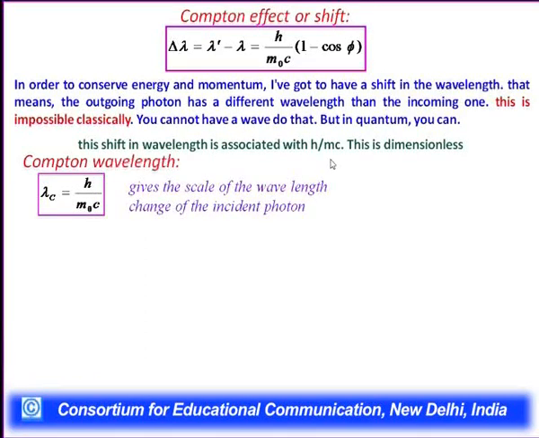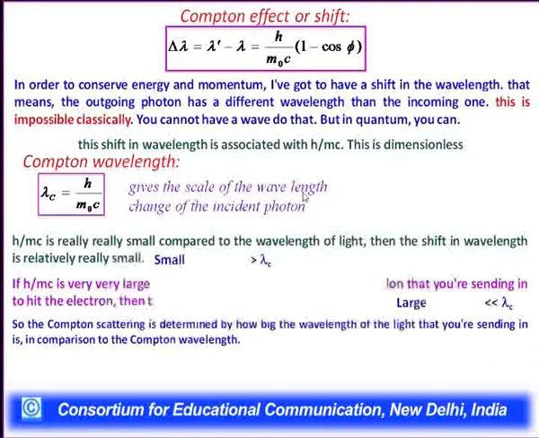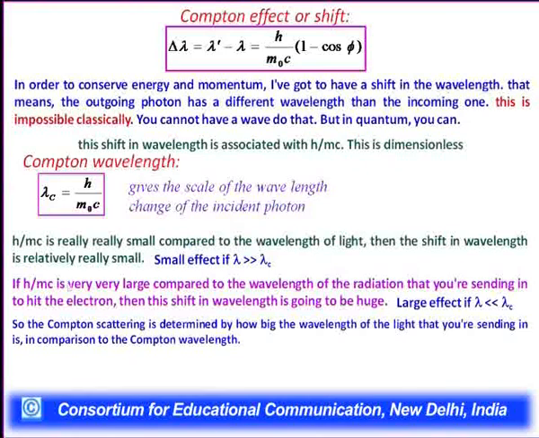This shift in the wavelength is associated with h by mc, which has the dimension of length. The Compton wavelength is defined by lambda c equal to h by m naught c, which gives the scale of the wavelength change of the incident photon. h by mc is really small compared to the wavelength of the light being used.